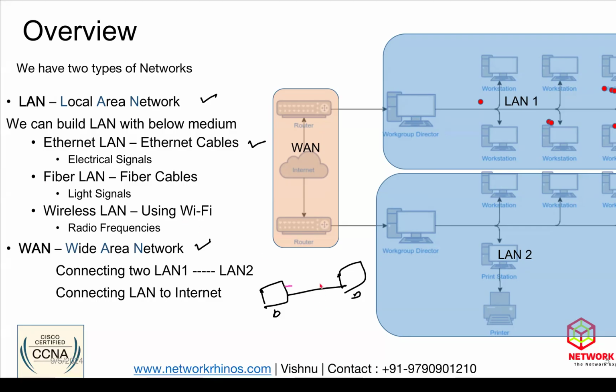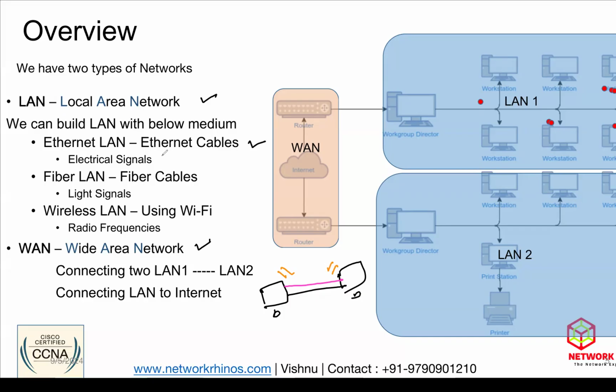I can also use a fiber cable. It's called fiber LAN. Or I can use something called Wi-Fi. If I use Wi-Fi, that is called wireless LAN. So LAN can be of three different types: Ethernet LAN, fiber LAN, and wireless LAN.